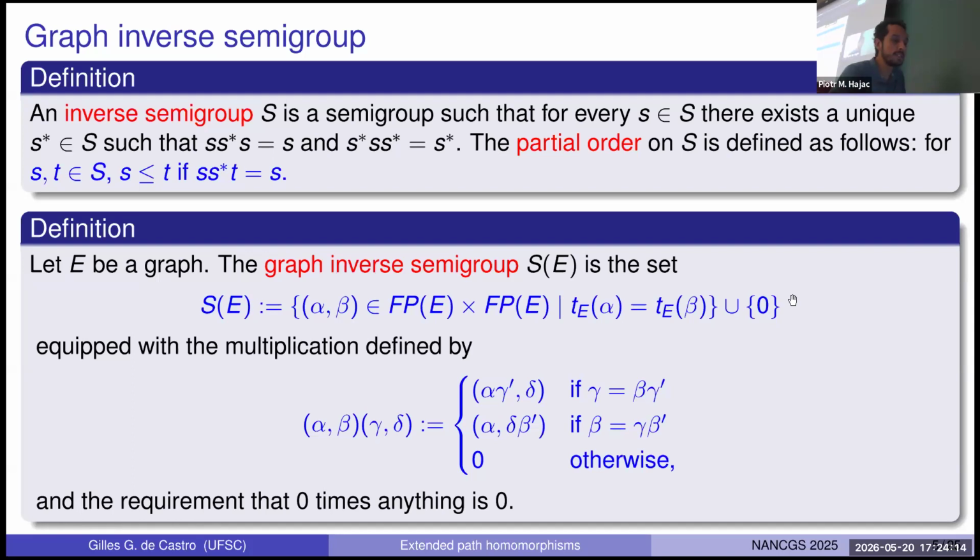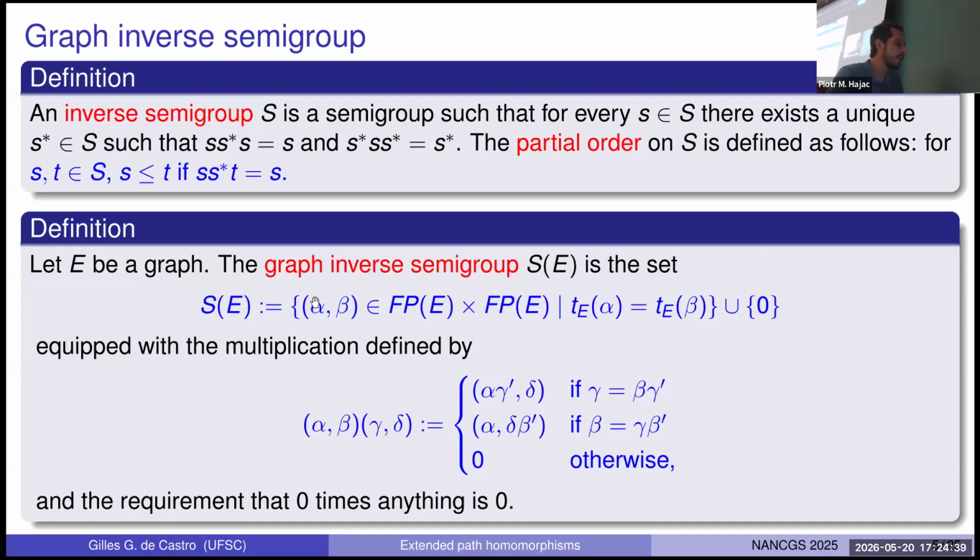And you add this element 0, which in the sense of a partial bijection is just the empty set or the empty function. And the idea here is that this alpha beta, if you know graph C-star algebras, is just S alpha S beta star.